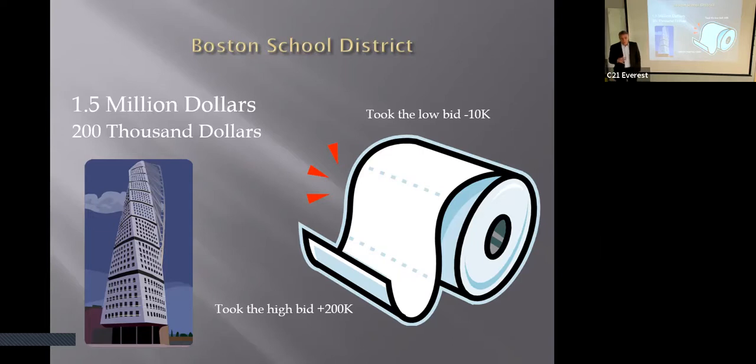Therefore, what did they assume? From the information we have, all we can assume is the reason they took the high bid is why? Better quality. That's right. We're talking about their kids in the school, and therefore, if we're going to do this, we want to have the best building, the safest building out there so that our kids are safe and protected. So let's just go with the high bid on that.